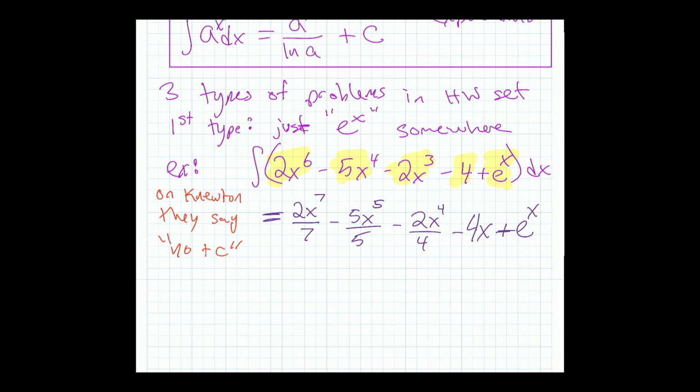Just e to the x plus c. That's your answer. Okay? So that first type, there's really nothing to be seen other than what we just did. And so your homework will have you do a handful of those, 3 or 4 of those. But they're not tricky. They're easy peasy.